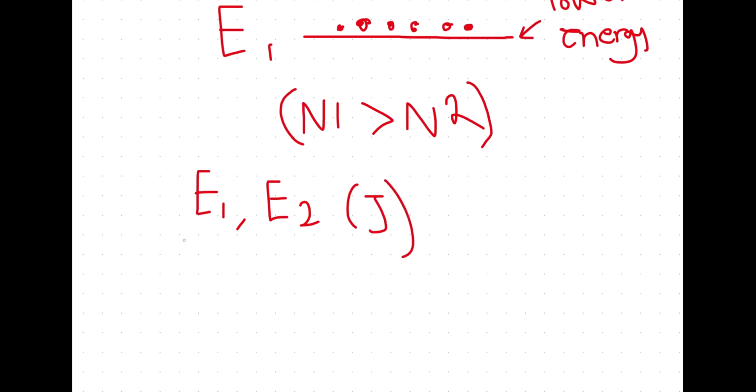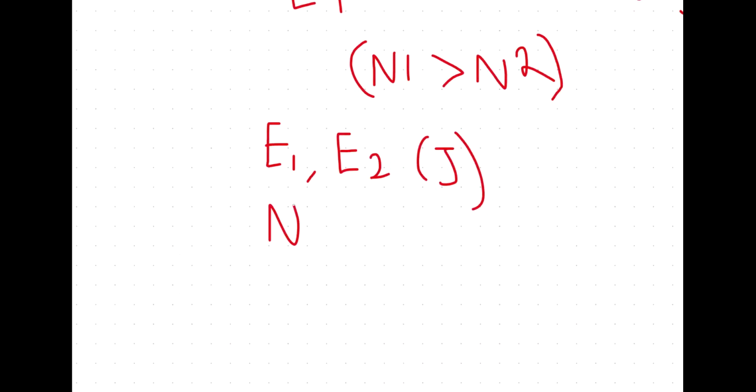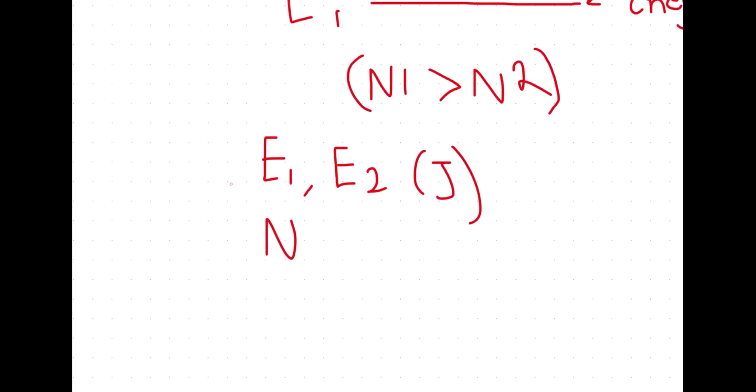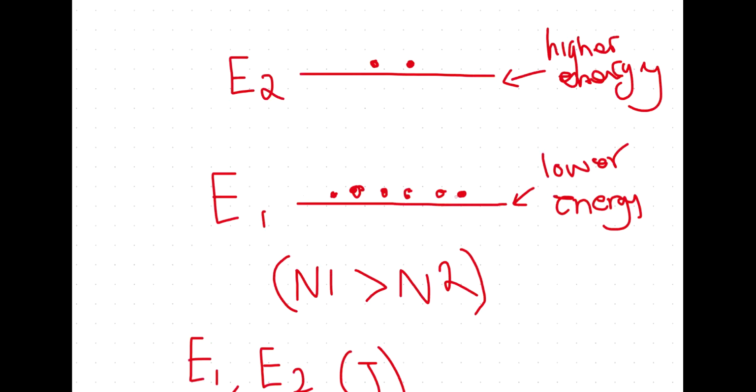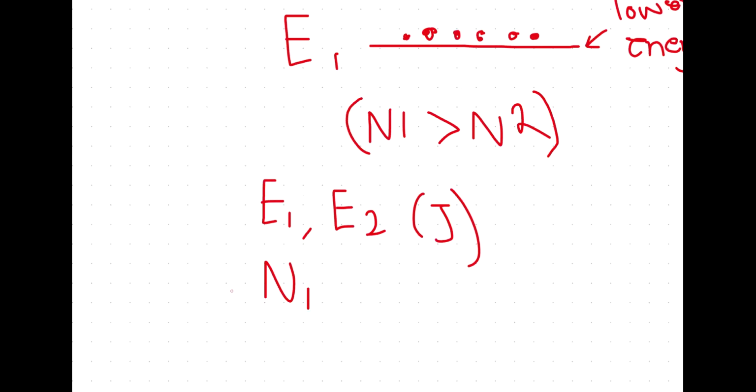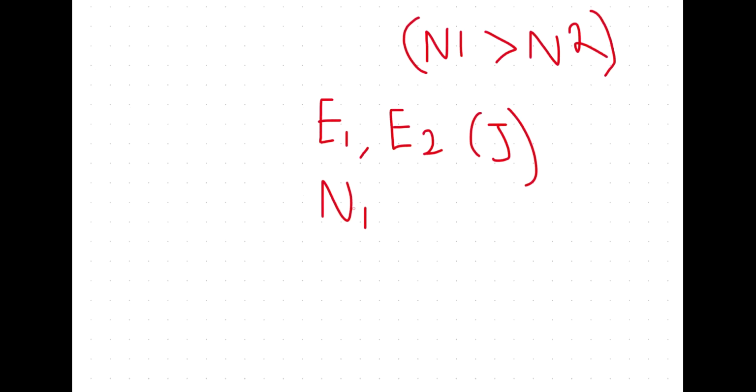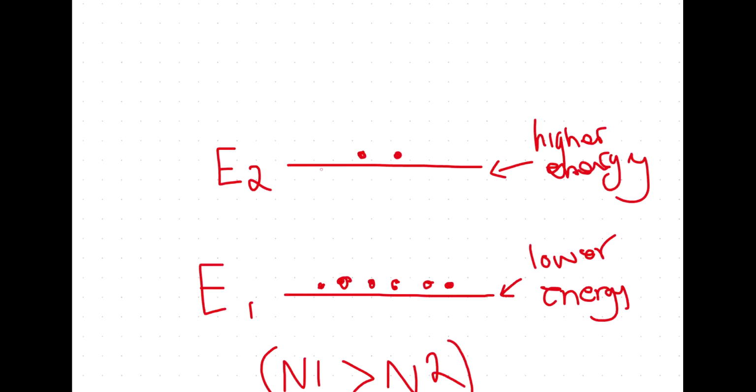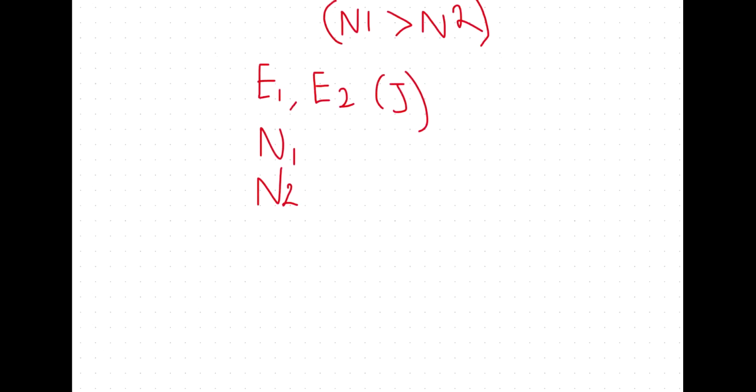Then we have N1, as I wrote here on the bottom, which is the population or count of atoms sitting in the lower state, E1. Since it's just a count, it doesn't have any units and is dimensionless. And then we have N2, the population of atoms sitting in the upper state, E2. Because this is also dimensionless, there are no units.